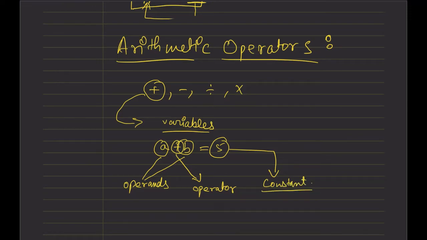From this picture you can tell that the operands are the variables or the data or the values on which the operation is being performed, and the operator is the special symbol which is used to perform that specific operation.